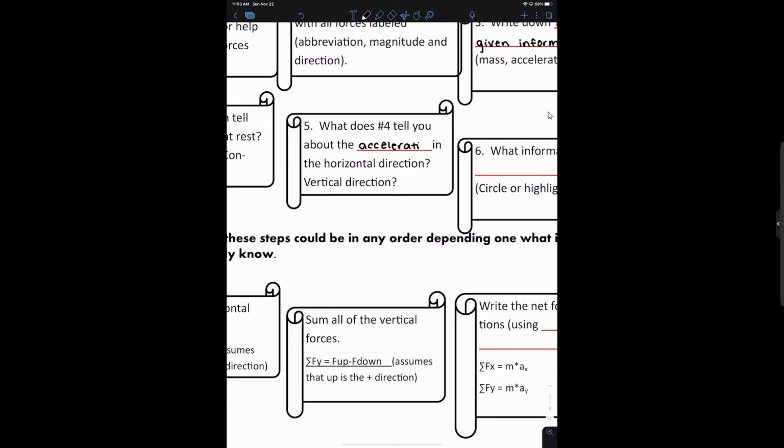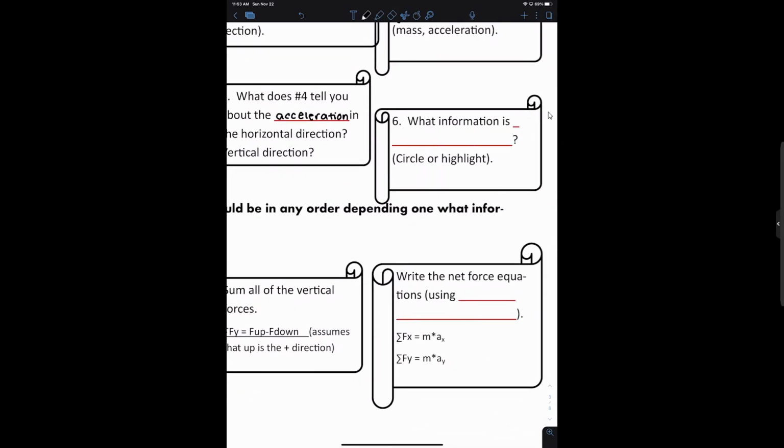Is there an acceleration? What about the vertical direction? Again, you're going to ask yourself, is there an acceleration, or are the forces going to be balanced? And number 6, what information is not already known? This is where it can be helpful to circle or highlight whatever it is that you don't know, because at the end of any of these problems, you should be able to solve for everything.